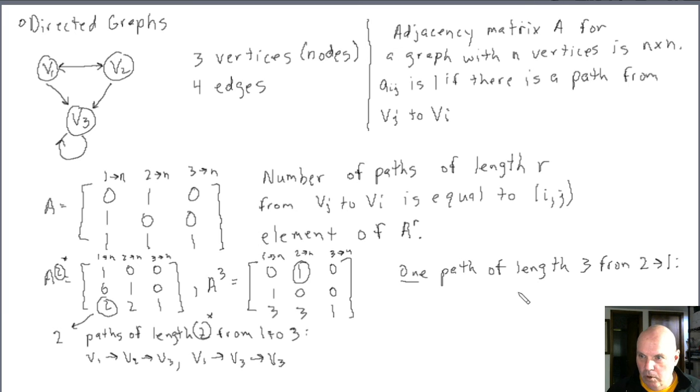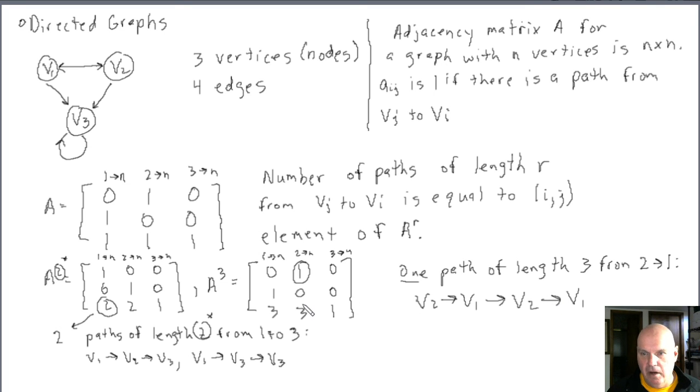One path of length 3 from 2 to 1. That path would have to be V2 to V1, back to V2, and then to V1. So that's the 1, 2, 3 links, edges that are required to get from V2 to V1. And no other paths of length 3 exist.